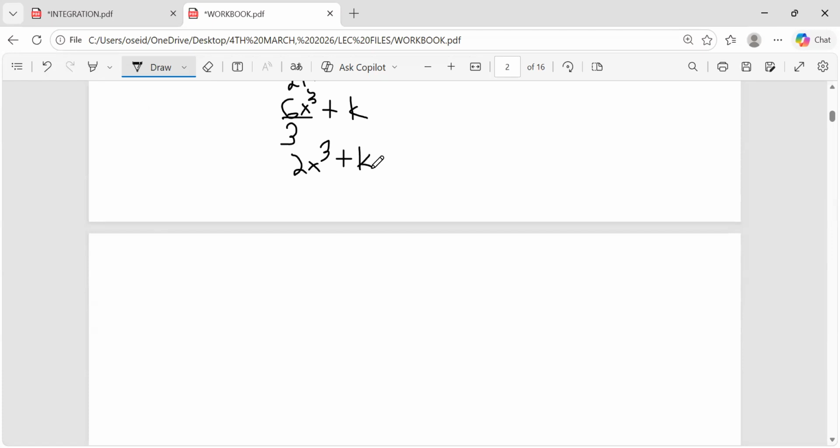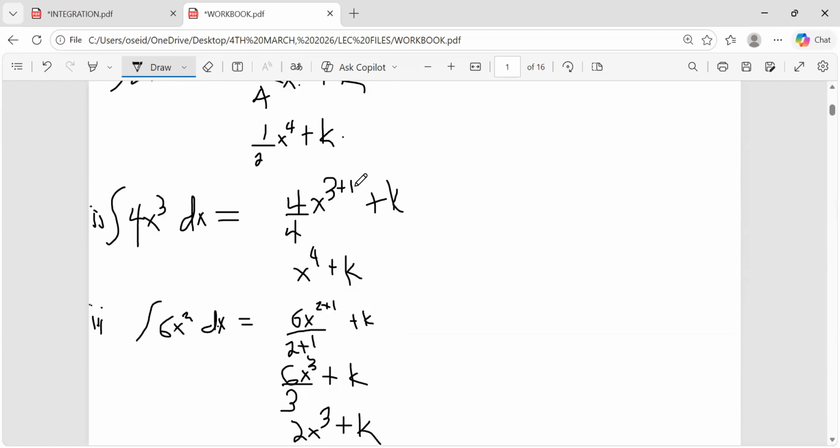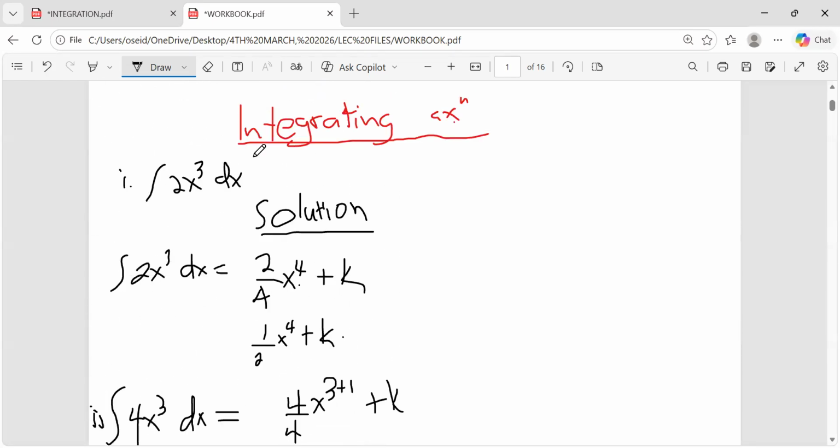Let's take notes. When you are integrating a term which has a coefficient, you add 1 to the power, then divide by the new power.